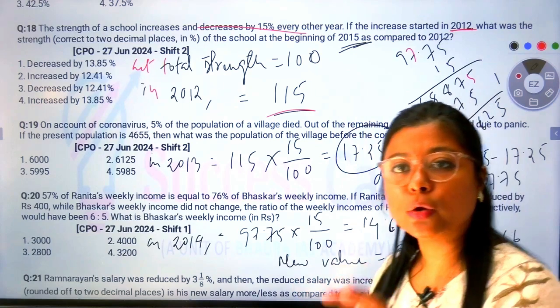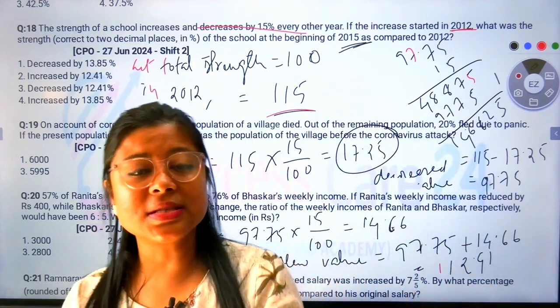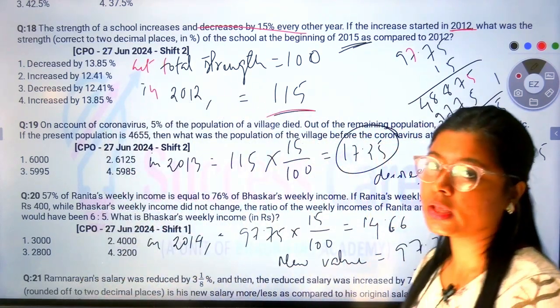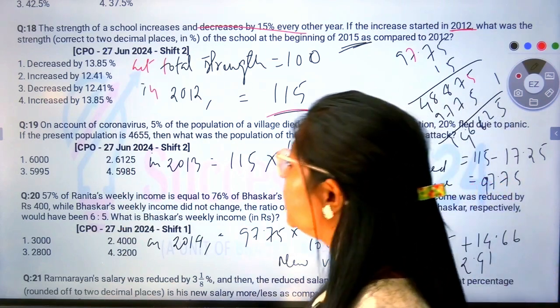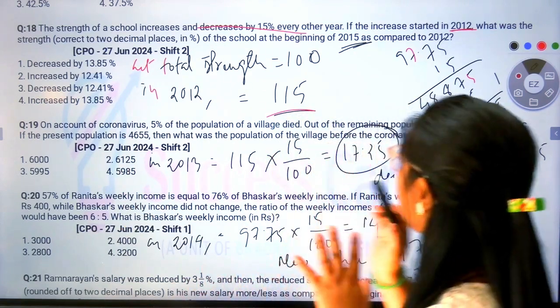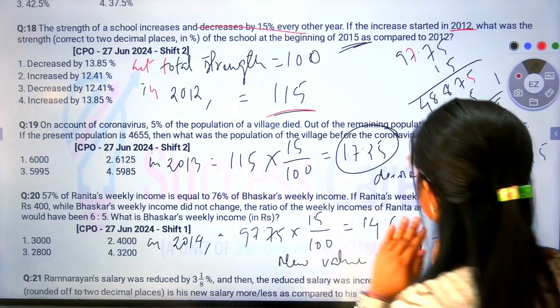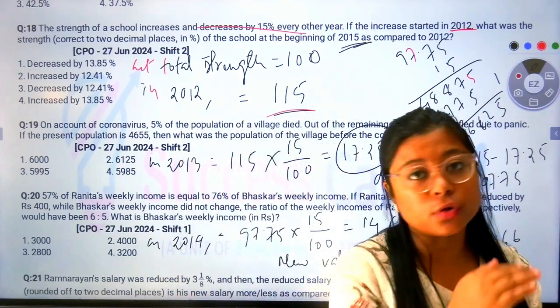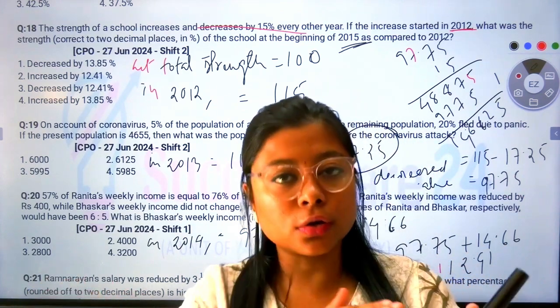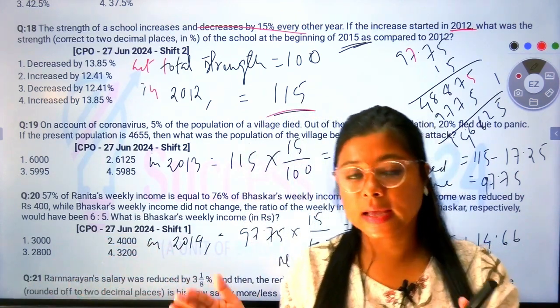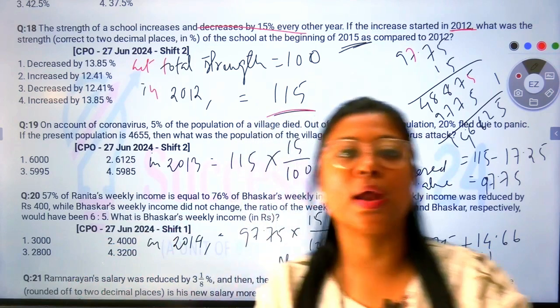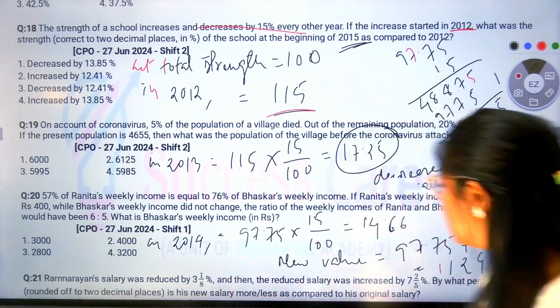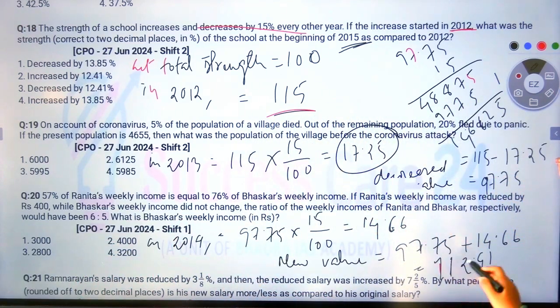You need the value at the beginning of 2015, that means at the end of 2014. Are you getting my point? Don't get confused, because here you are asked to find the strength at the beginning of 2015. You have not crossed the whole of 2015. It is at the beginning, that means after 2014.